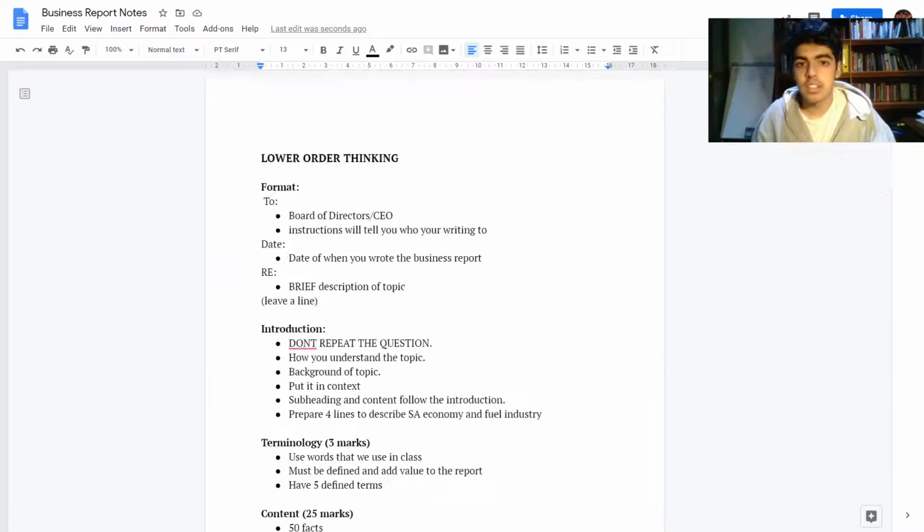But let's get started. So, the business report is made up of lower order and higher order thinking. Lower order thinking consists of your format. Basically, at the beginning of your report, you write "To", and you're addressing somebody. The instructions will usually tell you who you're writing to.